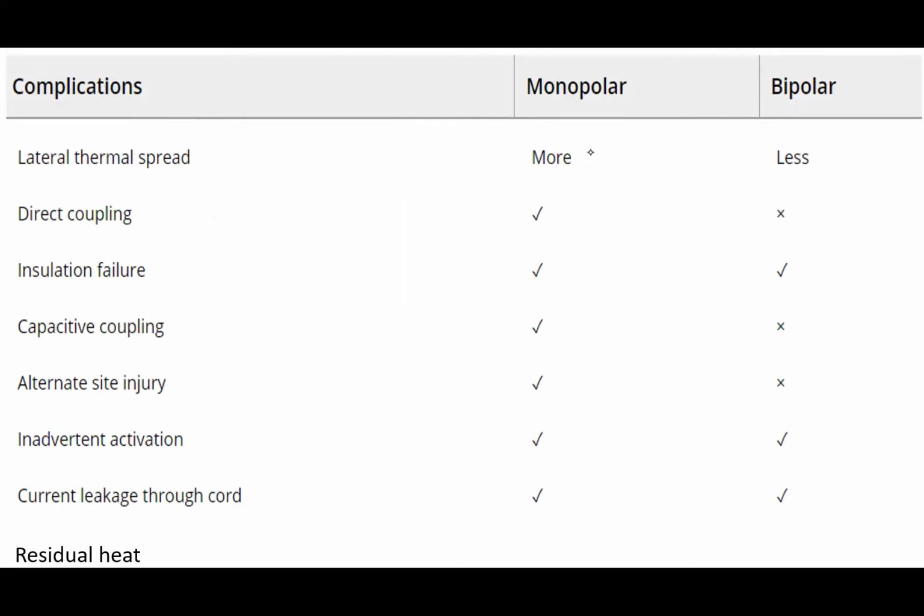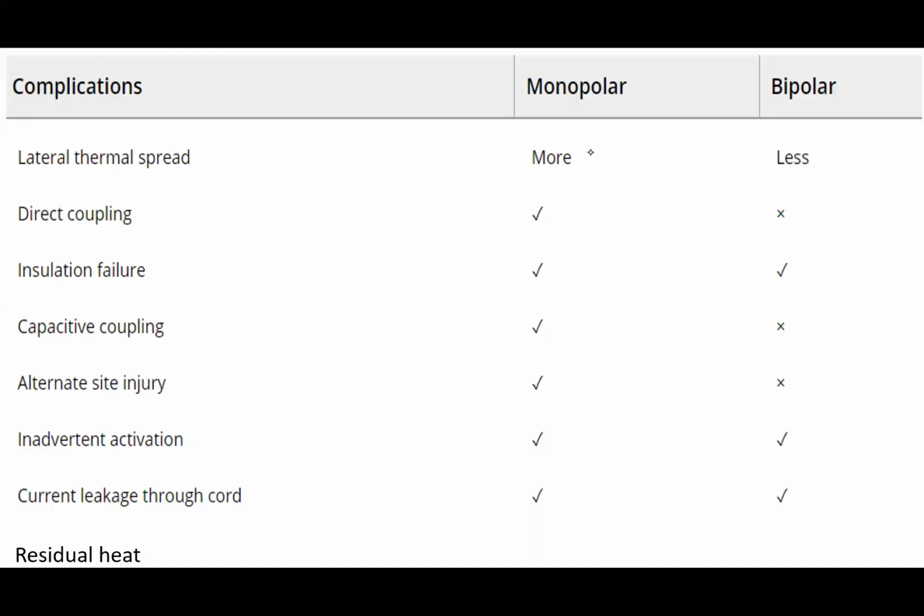In monopolar, if you tabulate the complications, lateral thermal spread is more in monopolar, less in bipolar. Direct coupling is more, less in bipolar. Insulation failure is more, can be seen in both.